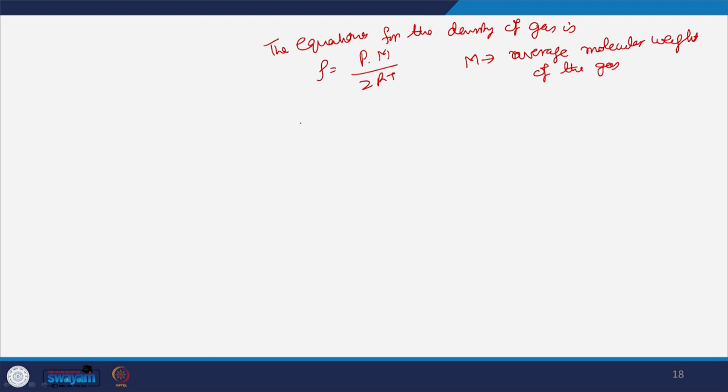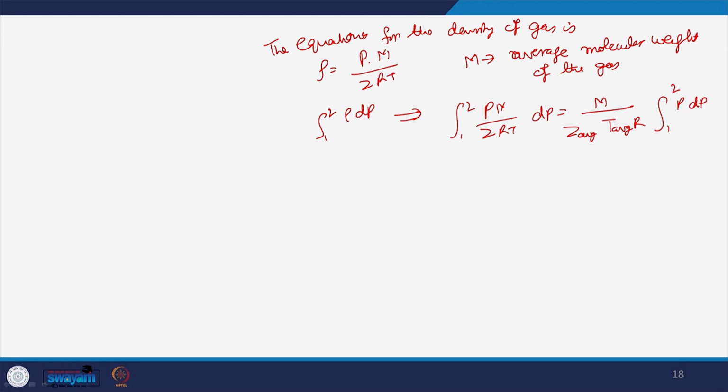So, if we substitute this into the integration 1 to 2 rho dp, it becomes integration 1 to 2 PM upon ZRT dp, which is equal to M upon Z average T average R integration 1 to 2 P dP.